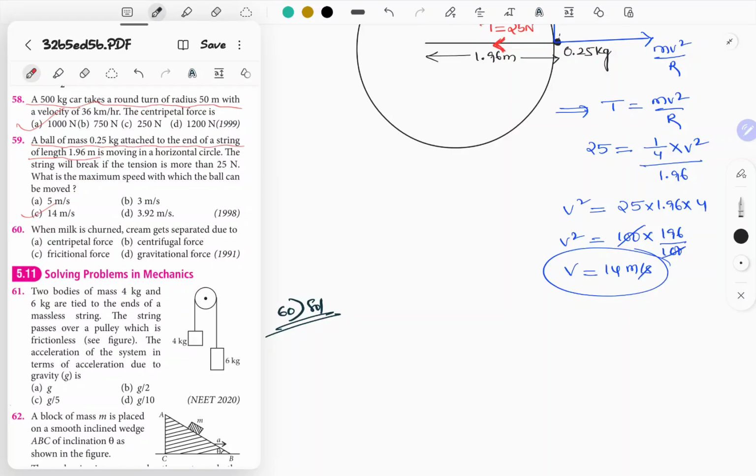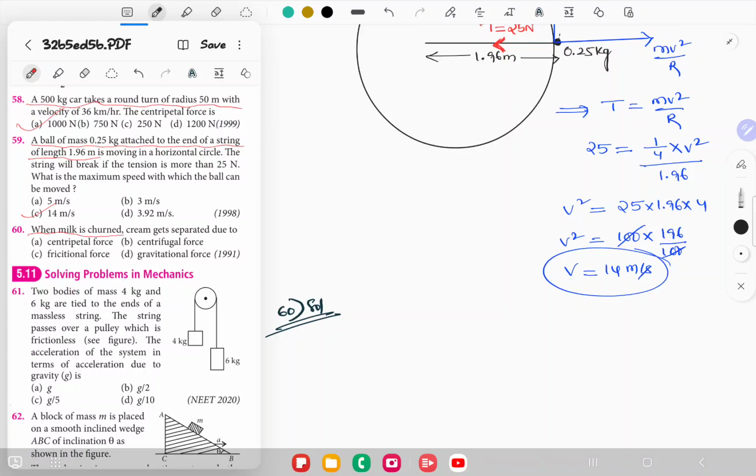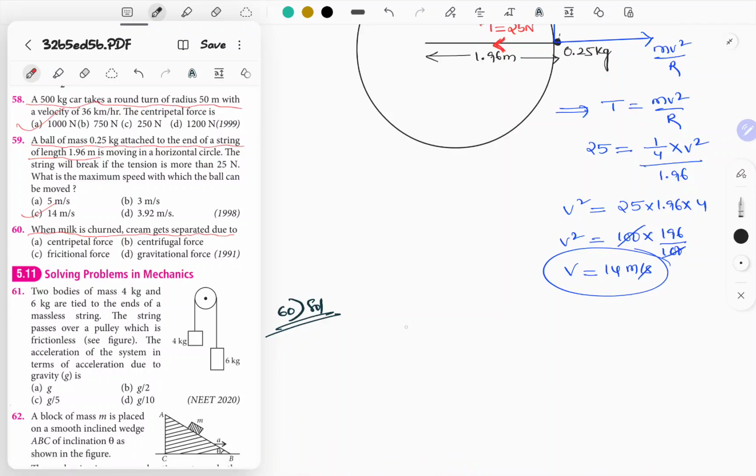Now, question number 60. When milk is churned, cream gets separated due to definitely centrifugal force. Okay, so let me consider a glass. If I consider a glass like this, and if milk is present inside and you are churning it, that means it is moving like this.